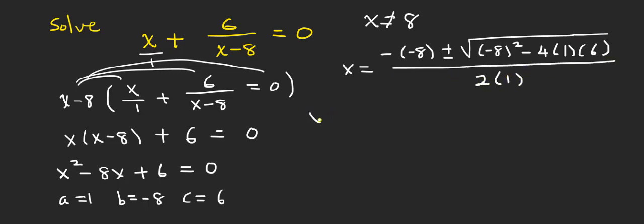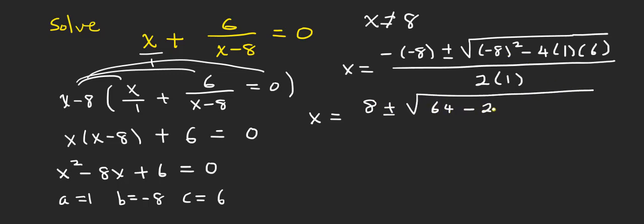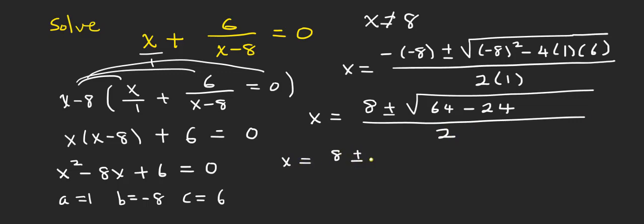So now you end up getting 8 plus or minus radical, 64 minus 24, all over 2. And you get x equals 8 plus or minus radical 40 all over 2.